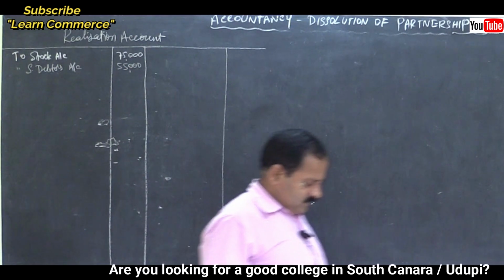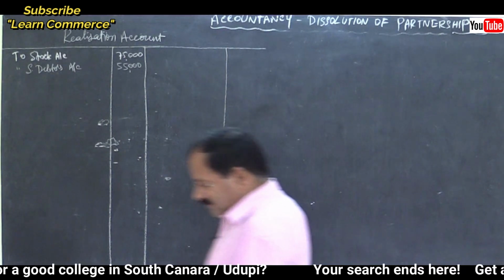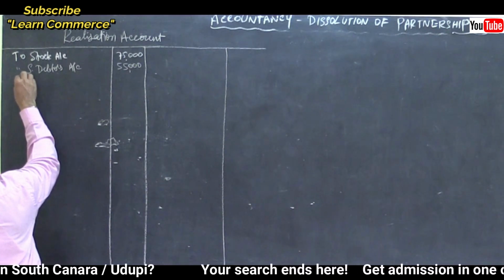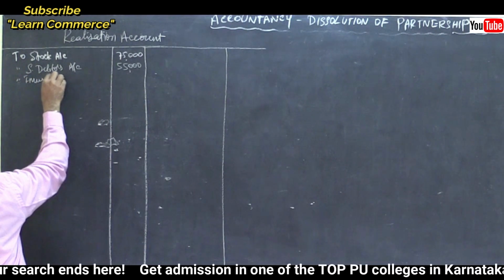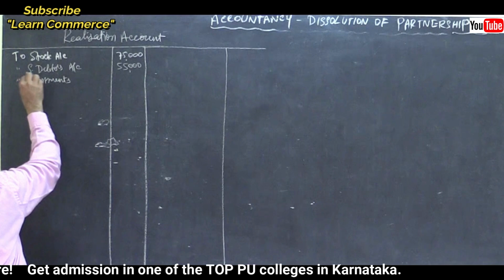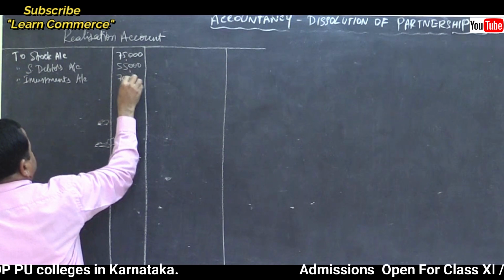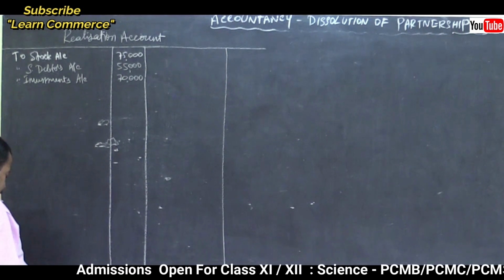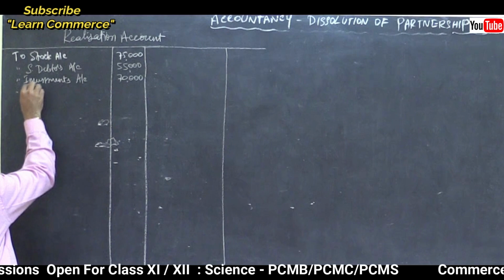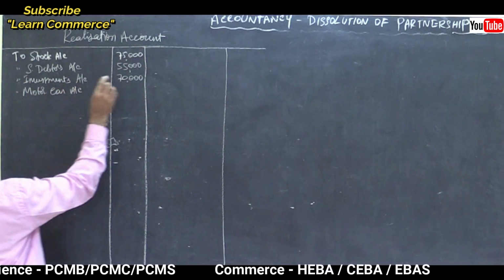Then investments account, what's the value of investment? 70,000. Refer balance sheet values only. Don't refer adjustment part. You will get confused otherwise. Then motor car account, 90,000.